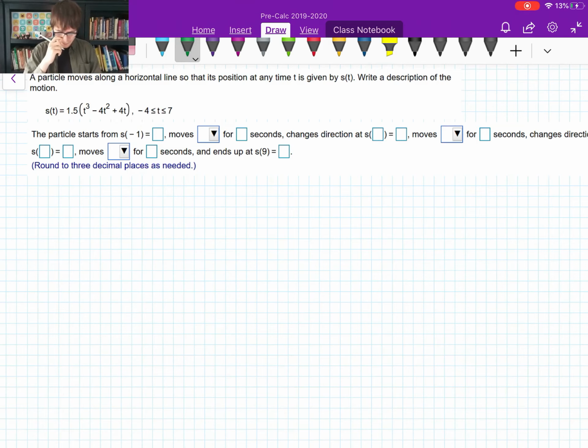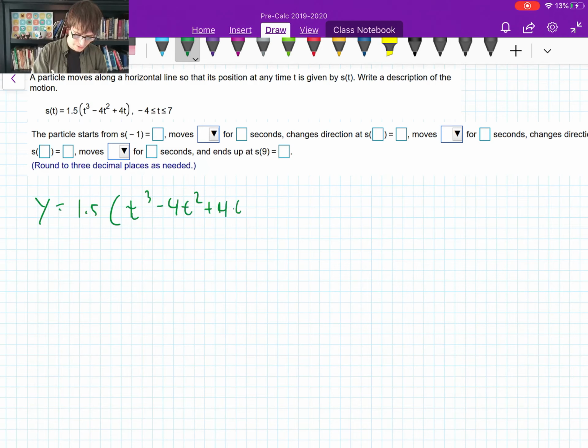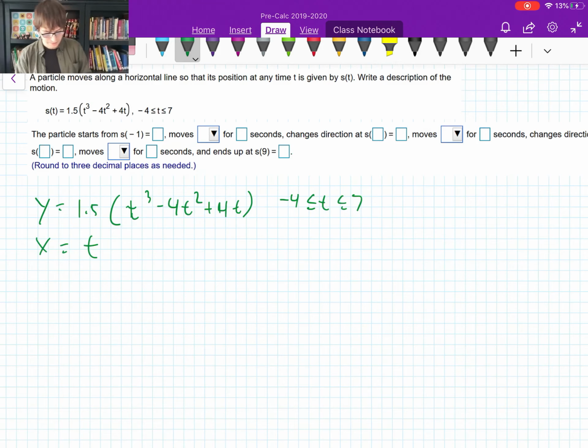We could say y equals 1.5 t cubed minus 4t squared plus 4t, and then -4 is less than or equal to t is less than or equal to 7, and we can say x equals, well, just t.